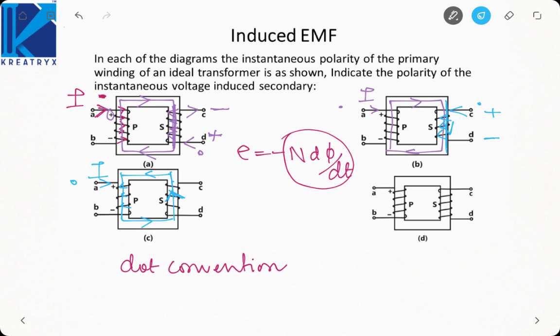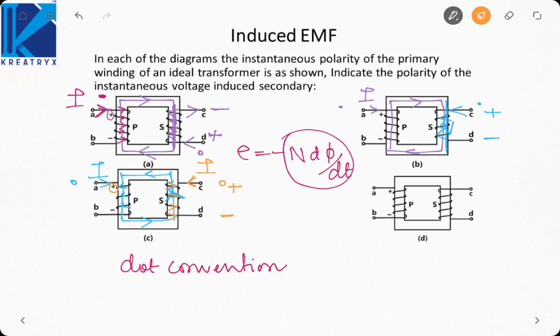So the secondary flux should also be in the same direction. If secondary flux is in the same direction, the current must flow like this, so that secondary flux is also upwards. That is, the current must enter here. If current enters here, this will be the dotted terminal. Since dot here is positive, the dot will be positive, plus, minus.